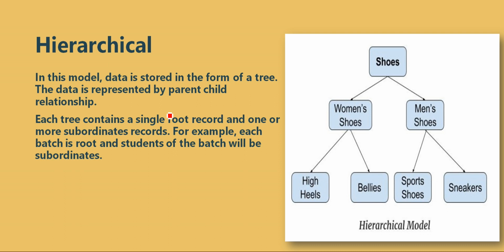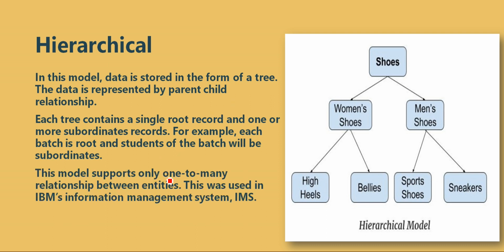Okay, so this is what a hierarchical model does. It stores the data in the form of hierarchy. This model supports only one to many relationship. Now this is the main point you need to remember. In hierarchical model we only have one to many relationship, and we already have talked about what is one to many relationship, right?